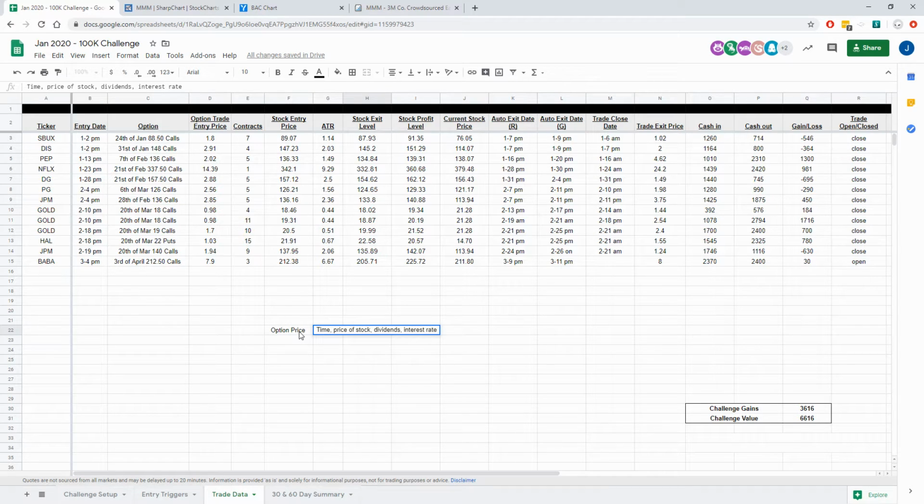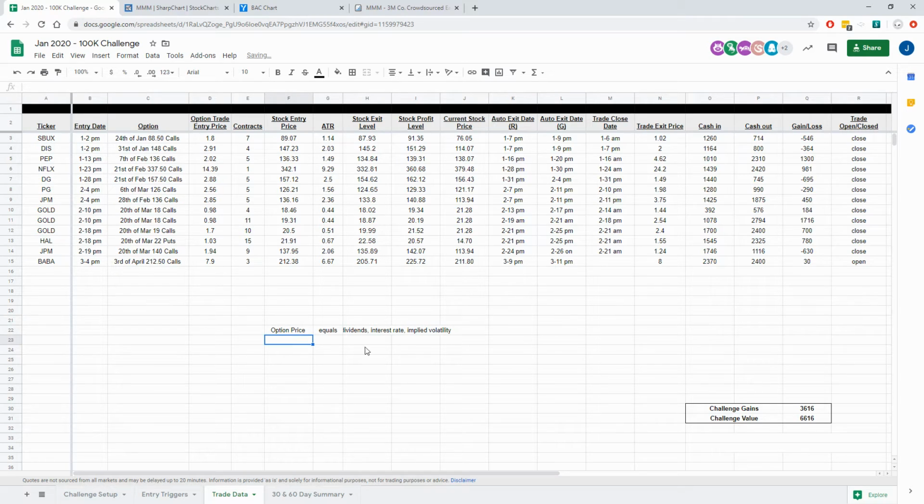But if we were to take these four variables and put them in, we would notice that we would never get our option price. It would never match. We couldn't figure out the option price just knowing these four variables. So what they call that last piece of the equation is implied volatility.